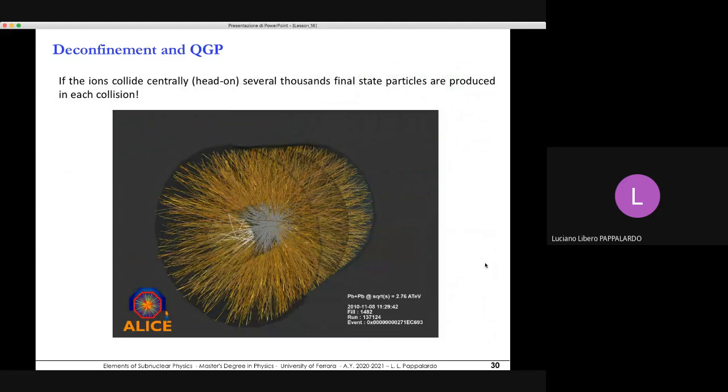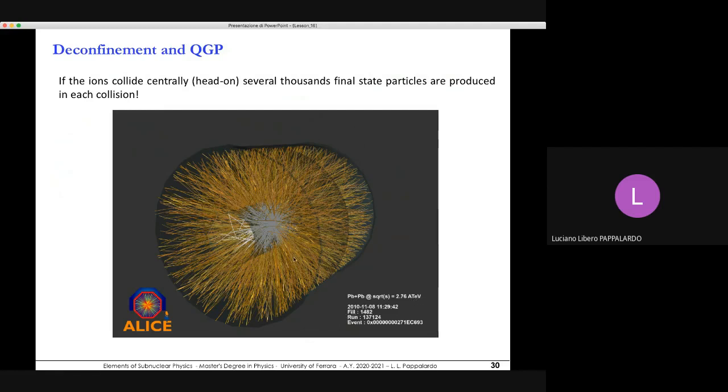When two ultra-relativistic heavy ions collide head-on, thousands and thousands of particles are produced in each collision. You see here an event display of the ALICE experiment at the Large Hadron Collider. It shows how many charged tracks are produced within the time projection chamber of ALICE in a single lead-lead collision at 2.7 TeV per nucleon.